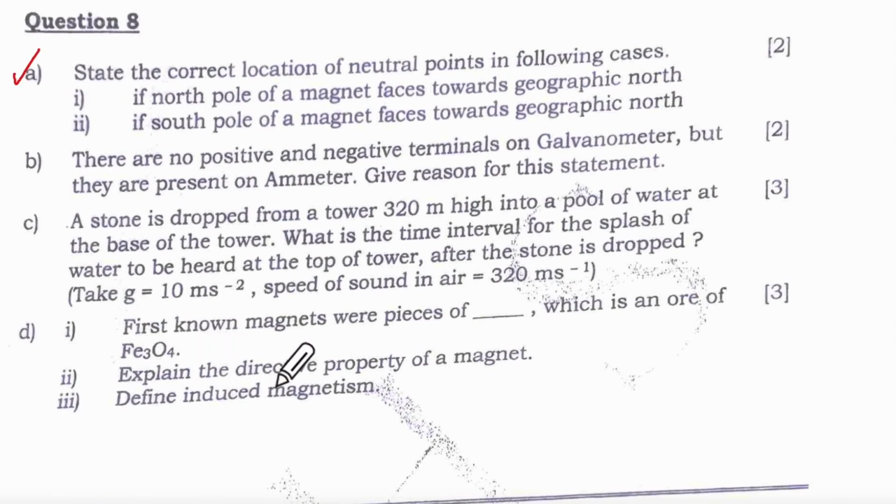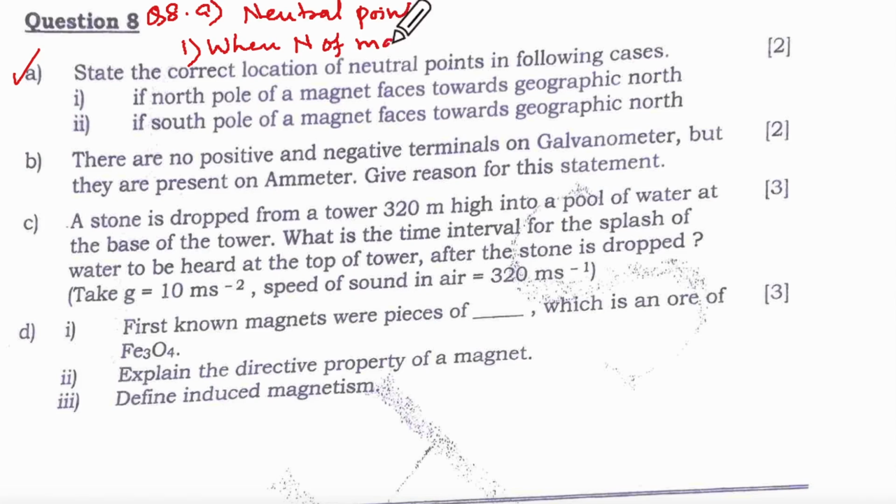Read. State the correct location of neutral points in the following cases. 1. If north pole of a magnet faces towards geographical north, and 2. if south pole of a magnet faces towards geographical north. Okay. So question number 8A. Neutral points. And number 1, when north of magnet faces geographic north.